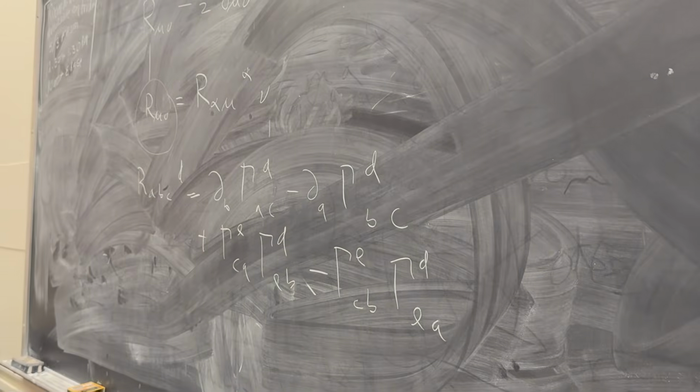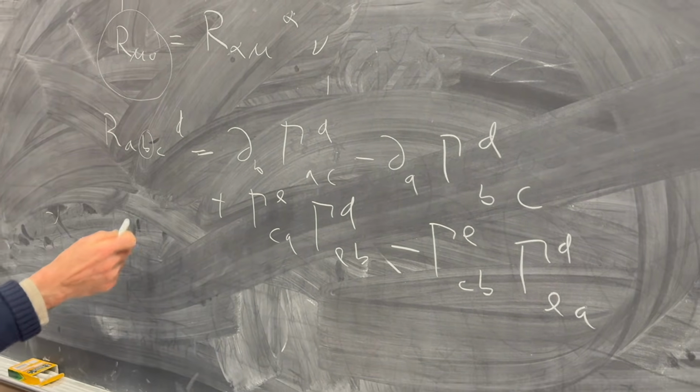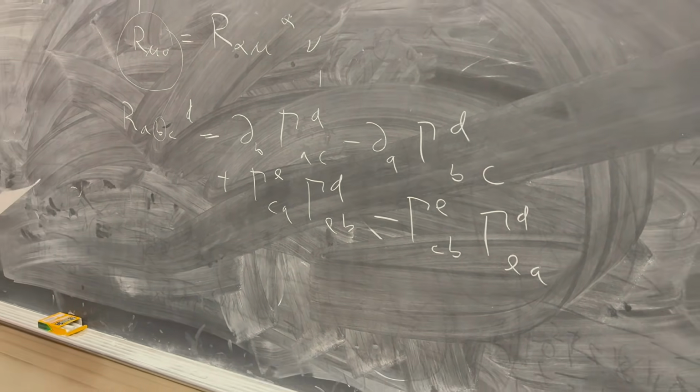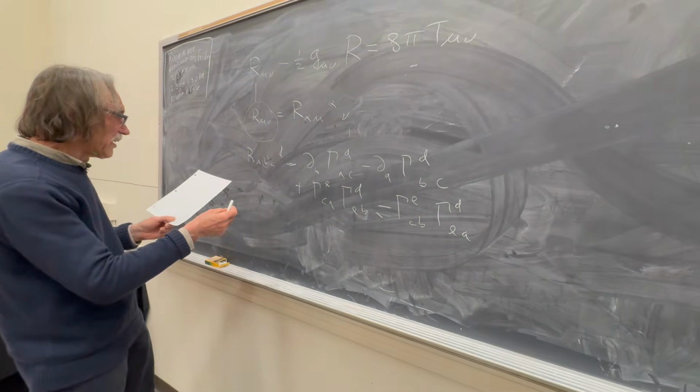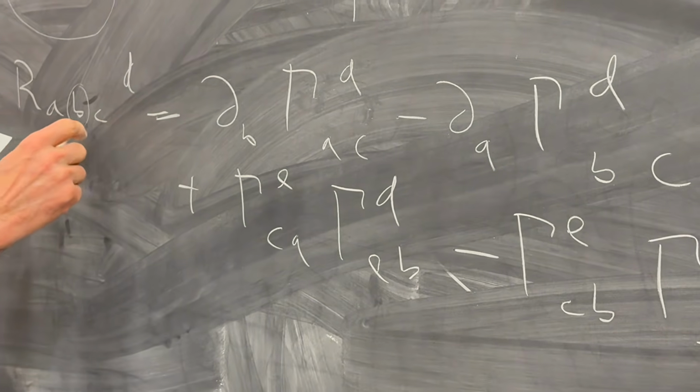So this is the Riemann tensor, and then you make, say, this index equal to, I think you're setting A equals C here. I defined it as the second index equal to the third index.